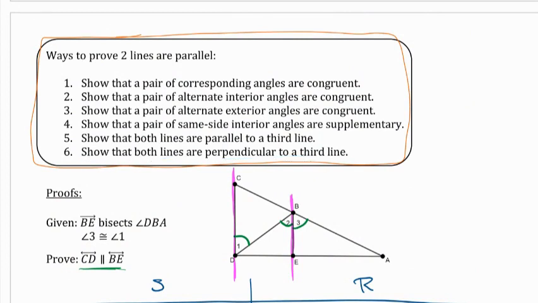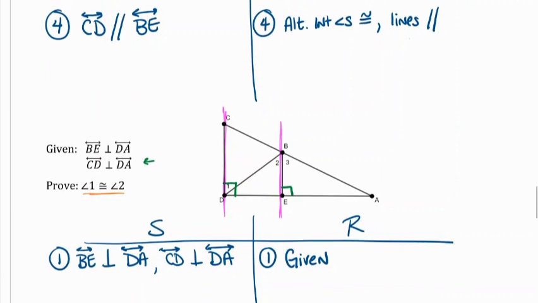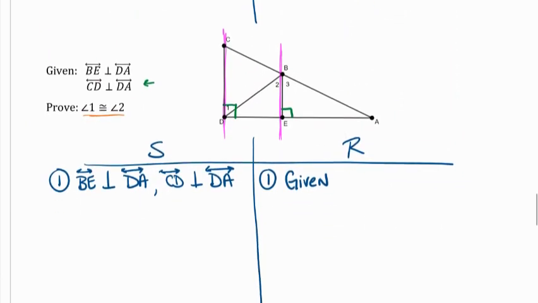Well, that's kind of what we have, right? If we look at my two pink lines here, they are both perpendicular to DA, right? So that would show that our lines are parallel. So we can go straight to that. So I'm going to say that CD is parallel to BE.